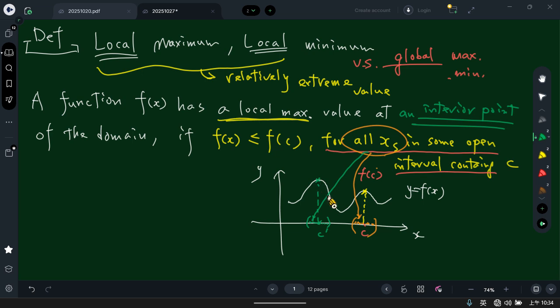So no point among them can be larger than f of c prime. So we will say, okay, at c prime we can get a local maximum. But if we want to get the global maximum, you need to pick all the local maxima to compete for the global maximum. It's reasonable, right?